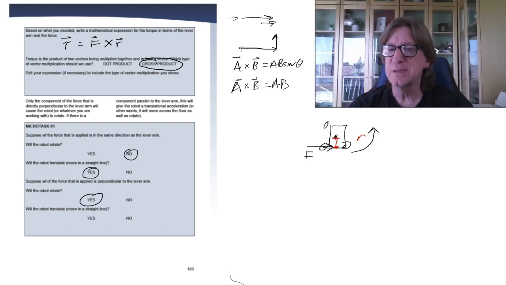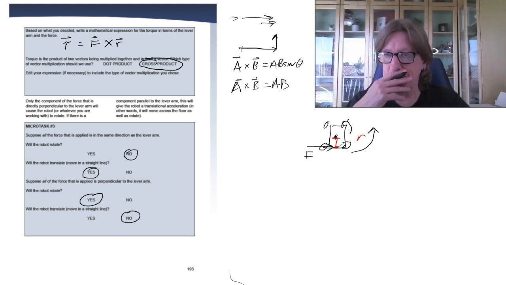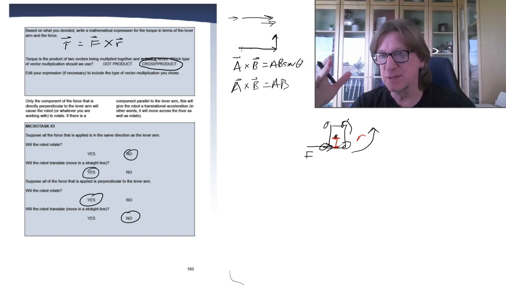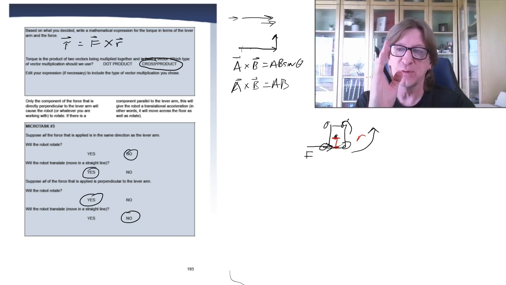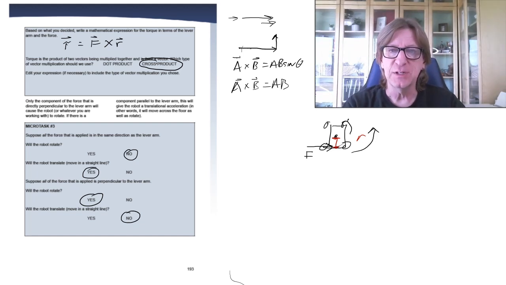Will the robot translate though? No. If I'm just sitting still and I apply a force directly on the edge here, then I'm just going to rotate and I'm not going to translate at all. So you see that I can have two different types of motion depending upon whether the force is applied at some perpendicular distance or whether it's applied in the same direction. All right, let's look at the next page.